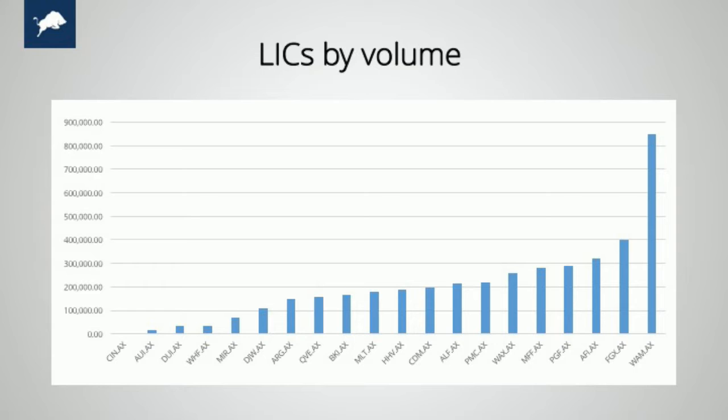So you've got Wilson Asset Management there at WAM Capital, you've got Future Generation Fund, and then it really just dies away. So this is important to think about: if all of you out there went to buy one LIC, the same LIC, this afternoon, you wouldn't all fit through the door. Bigger issue when you're all trying to get out the door.